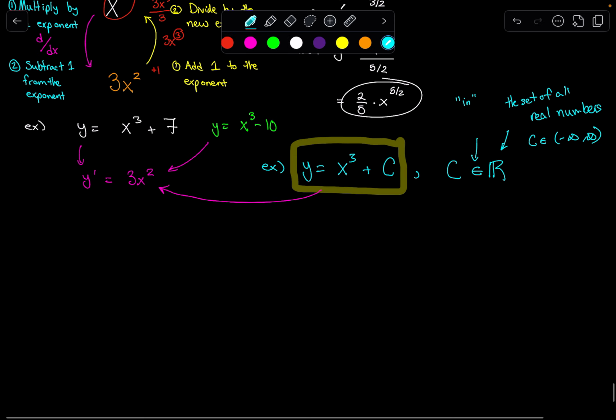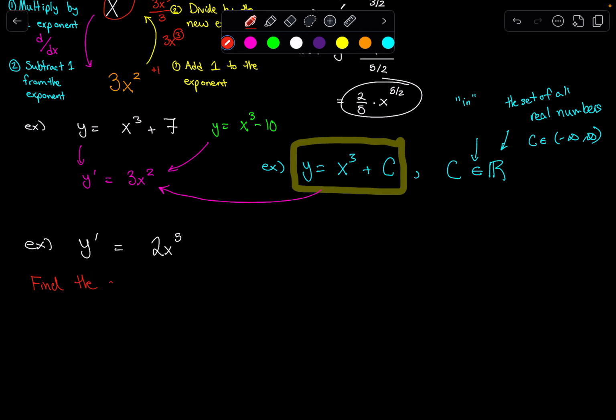And so what does this look like in action? So for instance, if I were to give you that the derivative of something was equal to 2x to the fifth, and I want you to find the general antiderivative.